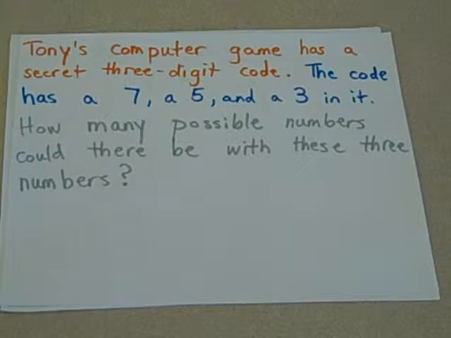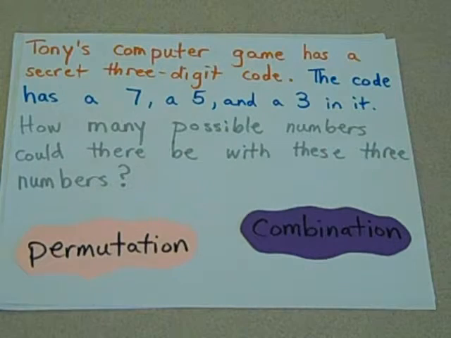Try another one. Tony's computer game has a secret 3-digit code. The code has a 7, a 5, and a 3 in it. How many possible numbers could there be with these 3 numbers? So ask yourself, permutation or combination?